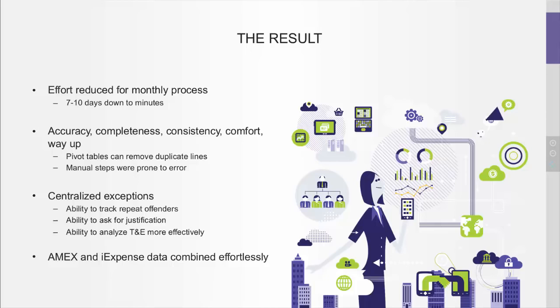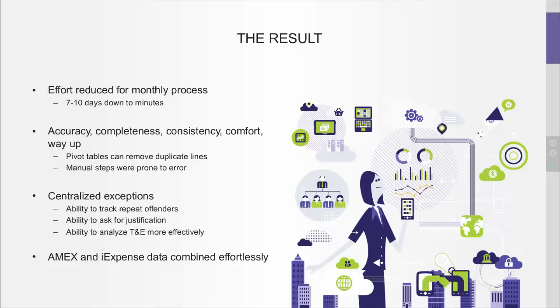So the result was that what used to take 7 to 10 days to generate in terms of duration now can be done in minutes. Is that accurate? It's not, I wouldn't say minutes yet, but we've not run it in production, so give me a few more months. Awesome. We will anticipate it being a few minutes, okay.